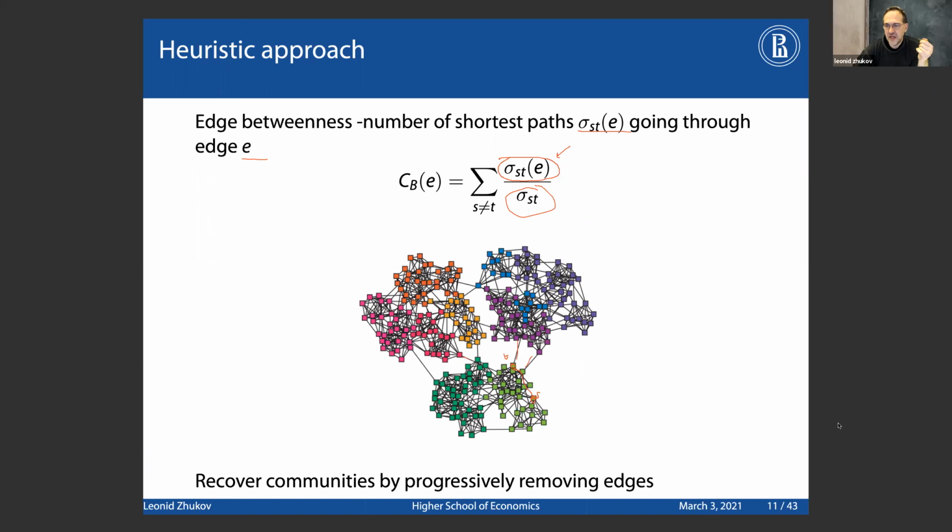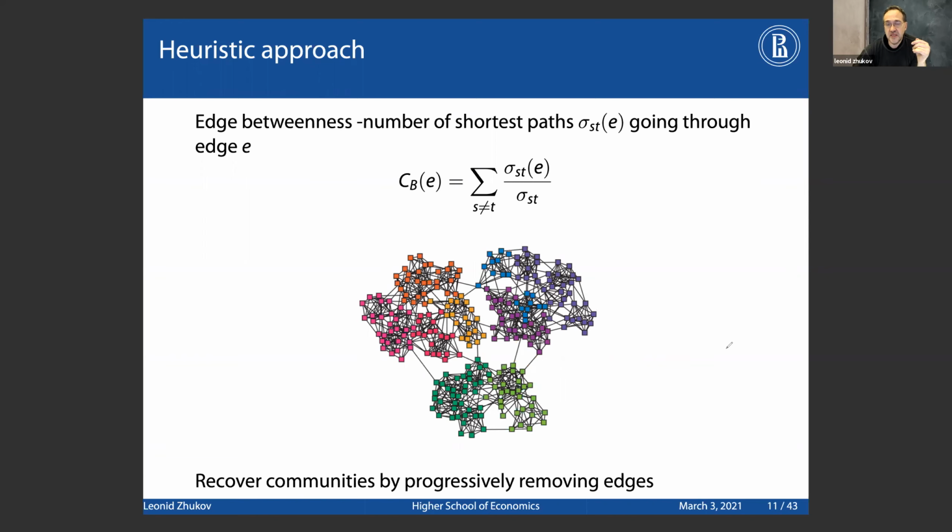In this case, none of them, but if I take this node and this node, there will be shortest paths here. If I take this node and this node, again, the shortest paths will go through here or maybe through here, maybe through both of them. And that's how you count the number of shortest paths that go through each edge.